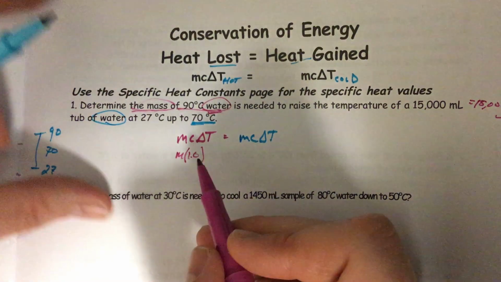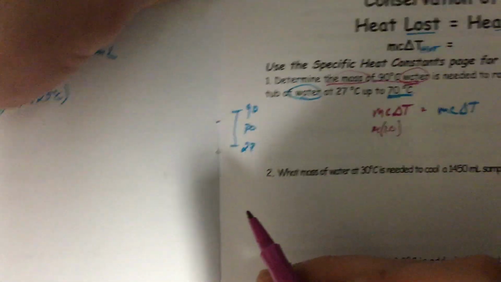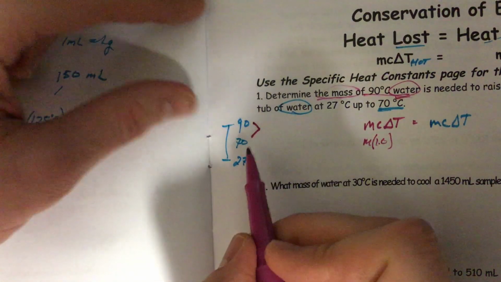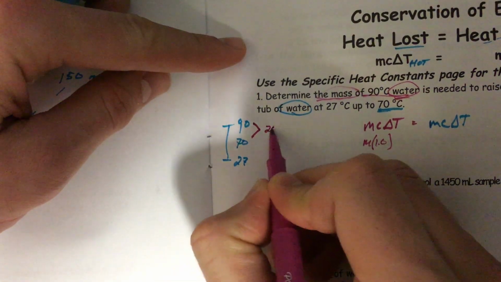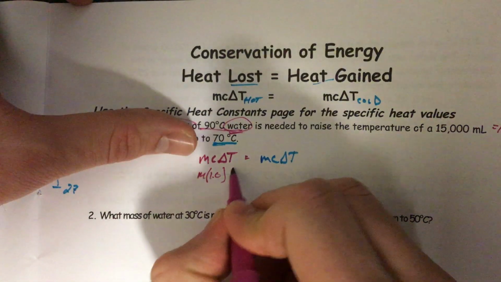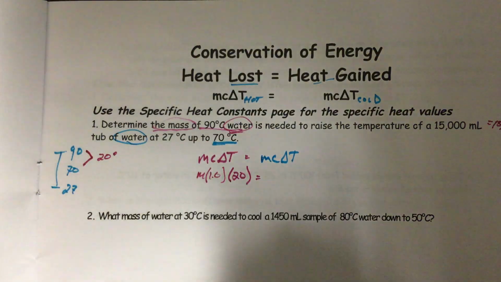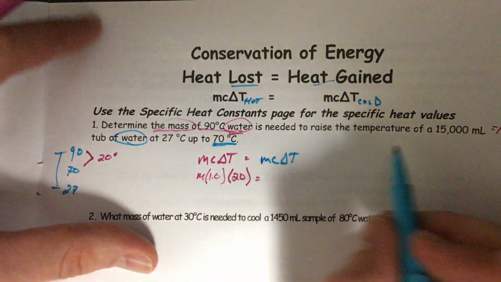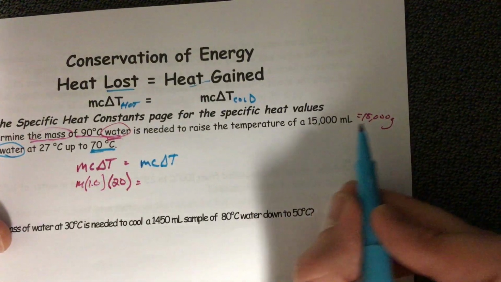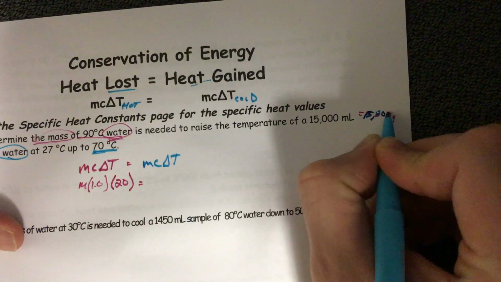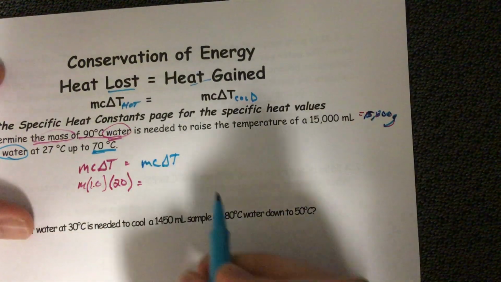And then our change in temperature for this hot substance: if we look at the difference between our starting temperature and our middle temperature, we can determine that we have a 20-degree difference. So our change in temperature for the hot substance is 20 degrees. All right, so that's that side of the equation. On the other side, we know that our mass is 15,000 grams, and this should be in blue because it's talking about the cold substance.